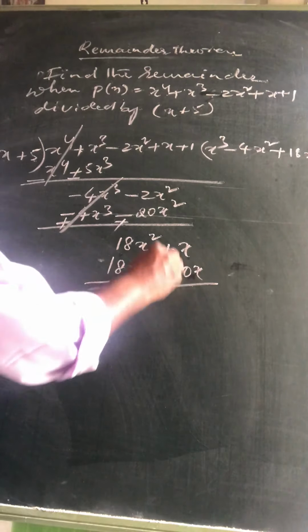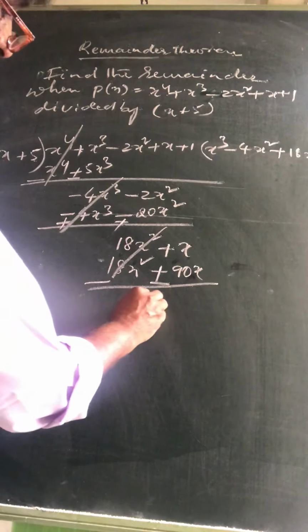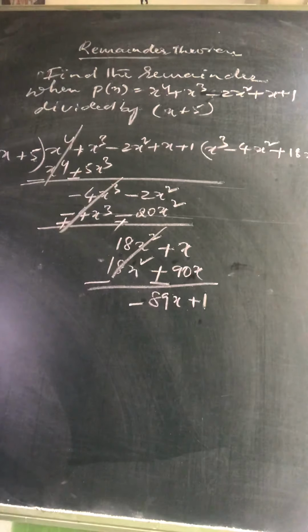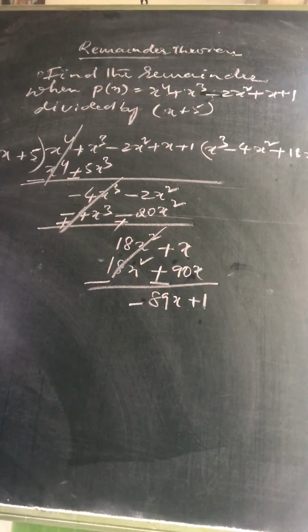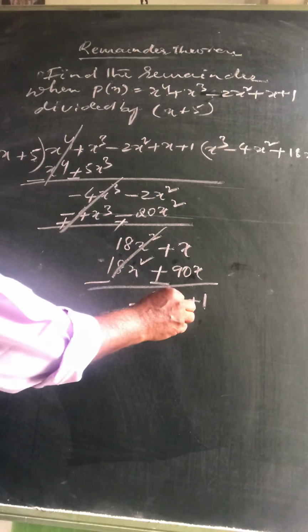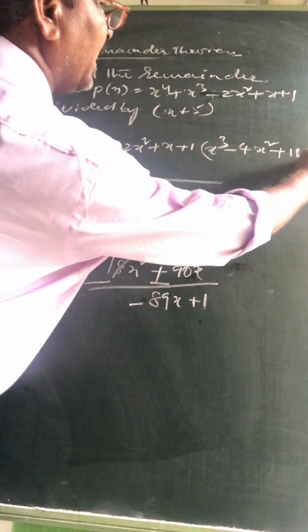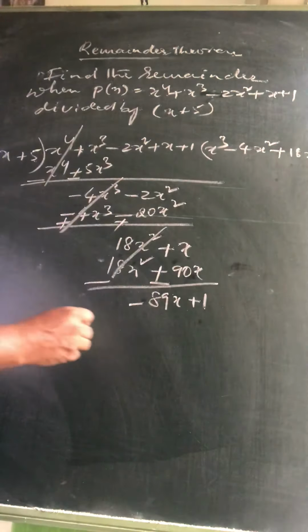It is a minus, cancel it. Minus 89x plus 1. Okay. Minus 89x plus 1. How many times will it go? Minus 89 times.